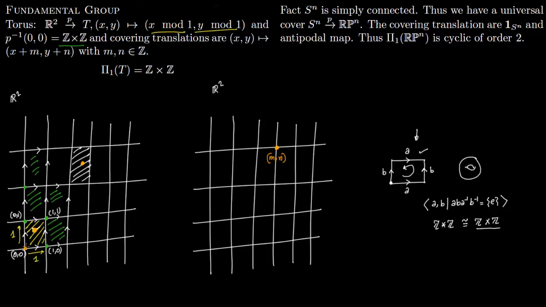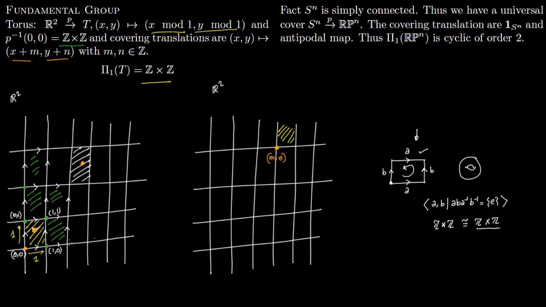Say if you wanted to move it to (2,3), you just add (2,3) to it, or to any particular point (x, y) you add x plus m and y plus n, so as to move the entire rectangle or lattice. So if you do that, what you have done is essentially moved this, and m and n are integers. So you get pi 1 of the torus is integers times integers.